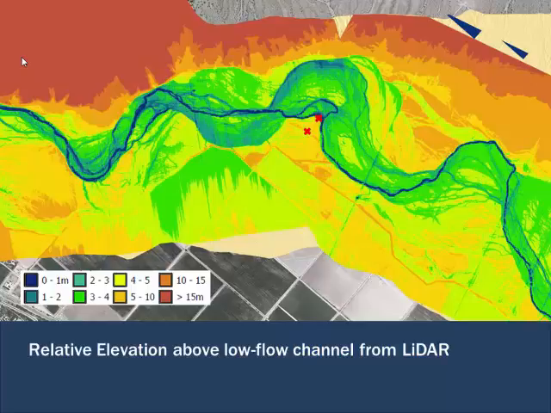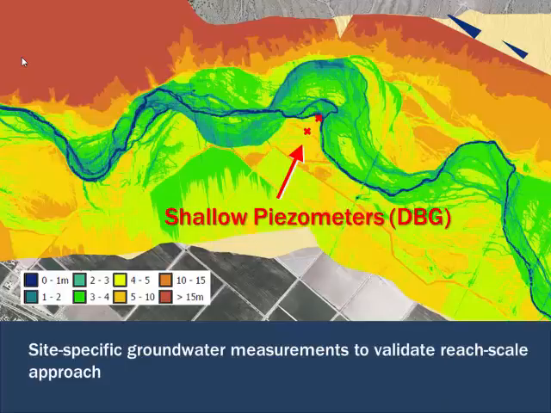The contours here, the blue is the low flow channel, and the warmer the colors, the higher you are above that elevation. And so our hypothesis, if you will, is that the water table should be at the same level as that low flow channel. We need to test that hypothesis a bit.